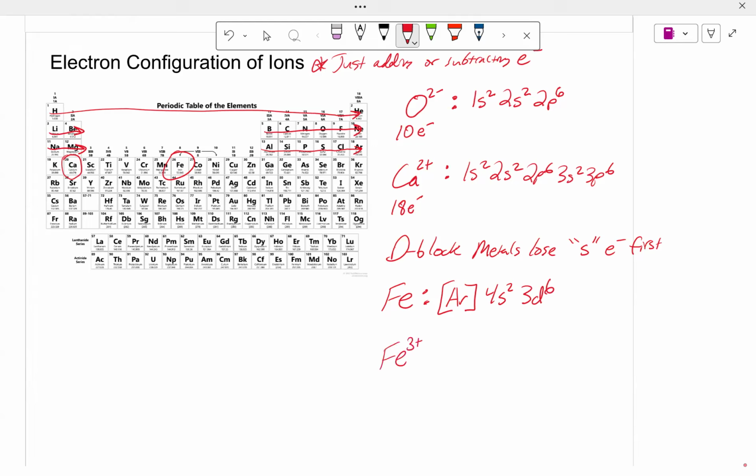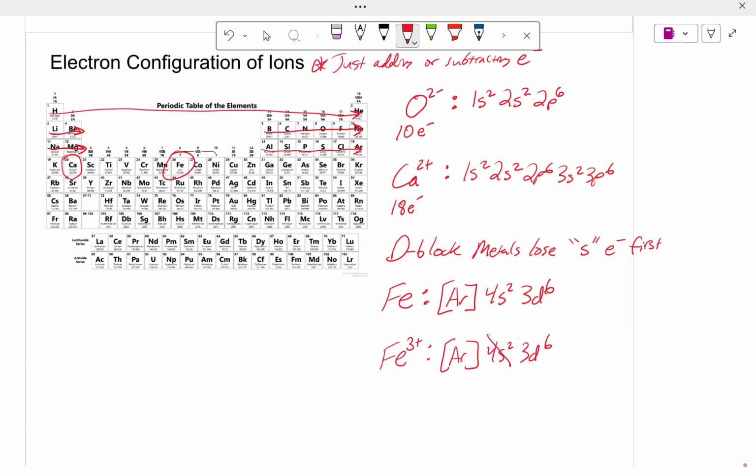Now one of the common cations for iron is with a +3 charge. So what has to happen in order for it to be +3? Well, it's got to lose 3 electrons. So let me just start off by drawing it neutral again. It's always going to start by taking electrons from the s subshell first.